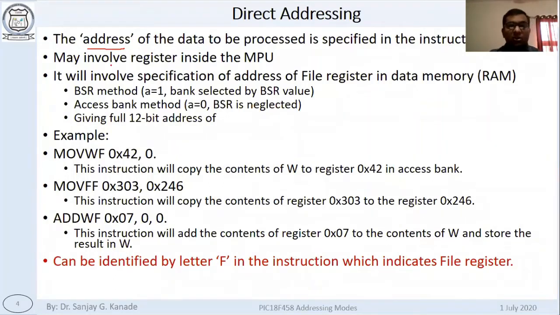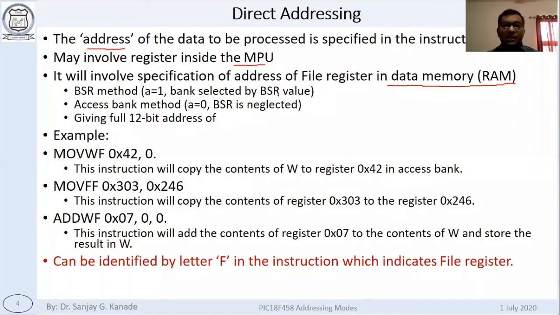This instruction may also involve registers inside the MPU. This instruction will particularly involve specification of the address of a file register in the data memory. You remember that the data to be processed is normally in the data memory or in the RAM. So what we actually want is the address of the memory.